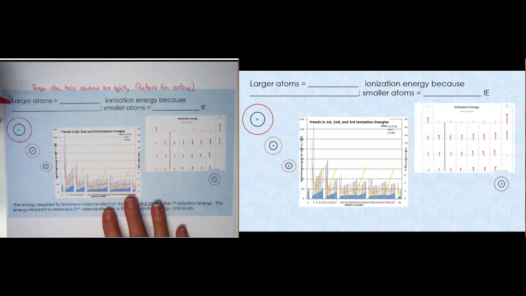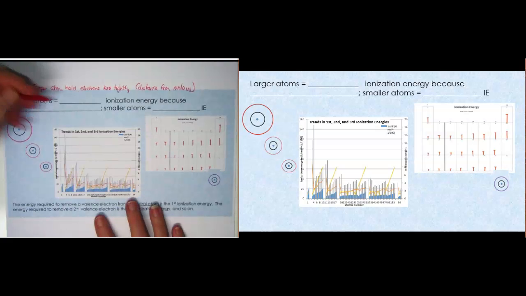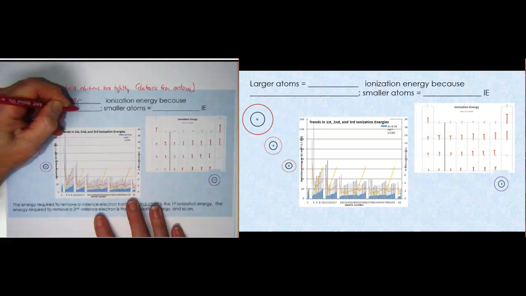Okay? Since larger atoms hold electrons less tightly, the amount of energy to remove electrons is going to be lower. Larger atoms equal lower ionization energy because it is easy to pull a valence electron away.